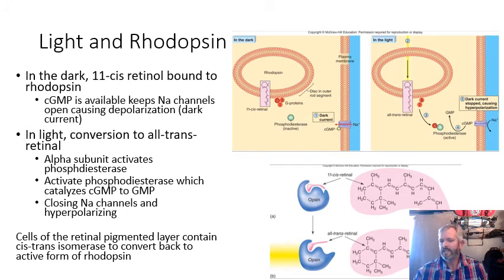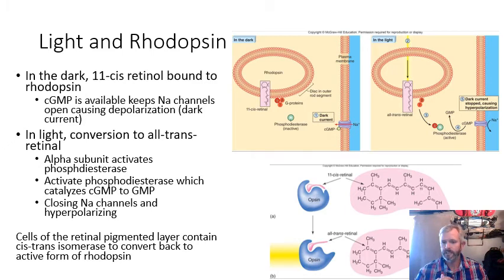So what do you think the neurotransmitter is? Do you think it's an excitatory or an inhibitory neurotransmitter in the dark? Since they're activated in the dark, they're actually inhibiting the pathway, so it's an inhibitory neurotransmitter.